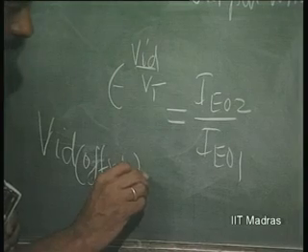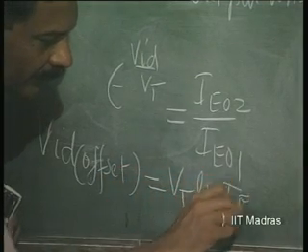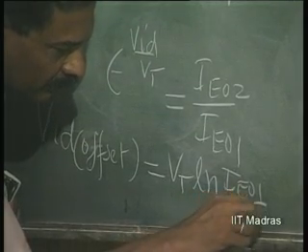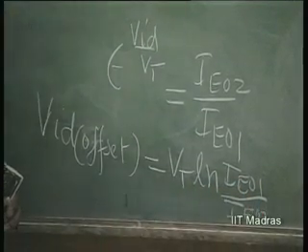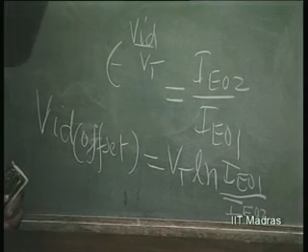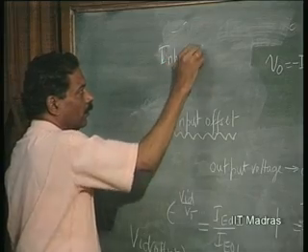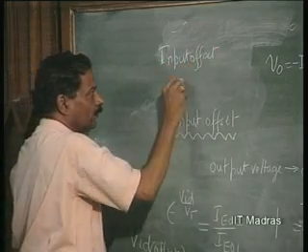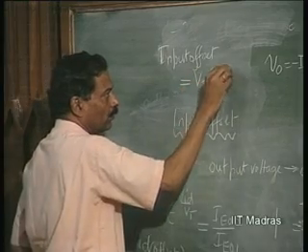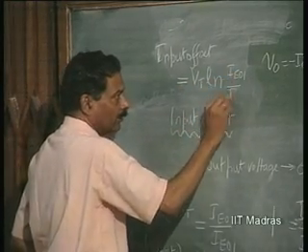So this is equal to VT log IE01 by IE02. This is an important thing. Input offset is equal to VT log IE01 by IE02.